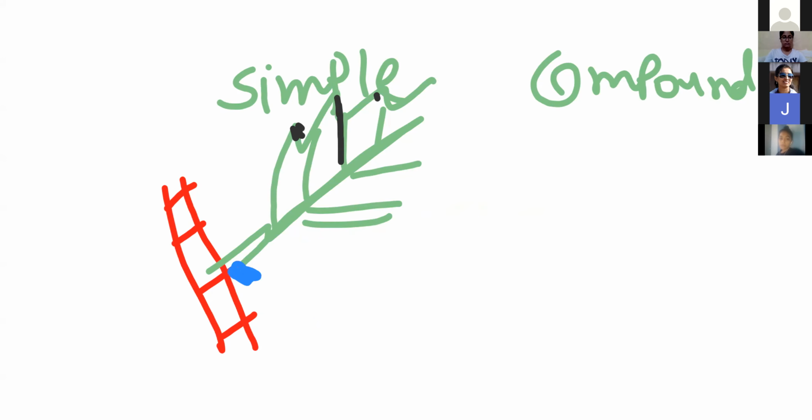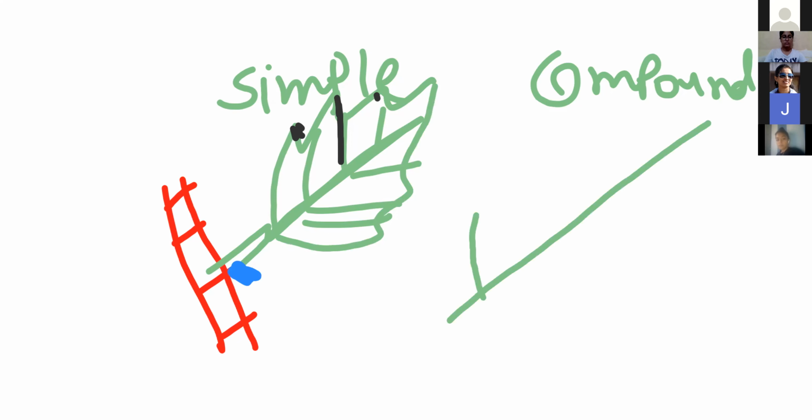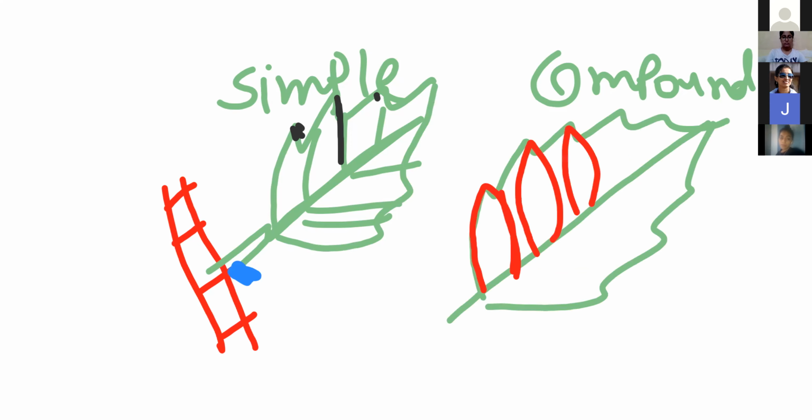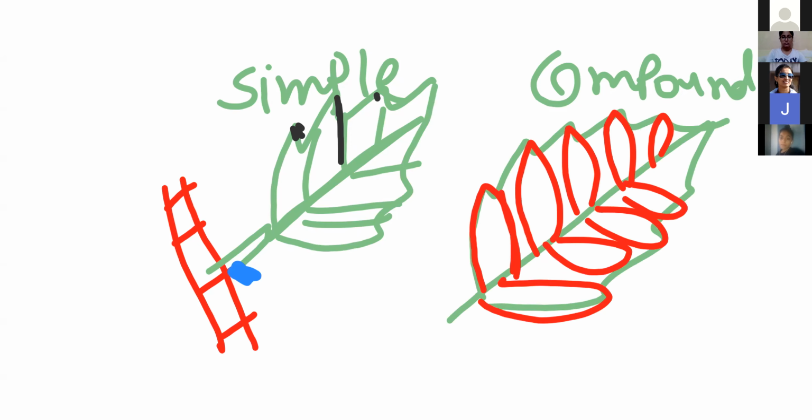Now, we are going to study the compound leaf. In that, understand, if I draw a leaf like this, then this one becomes a simple leaf, right? Incision does not reach to the midrib. But over here, the incision reaches to the midrib, meaning the entire leaf is dissected into small leaflets.